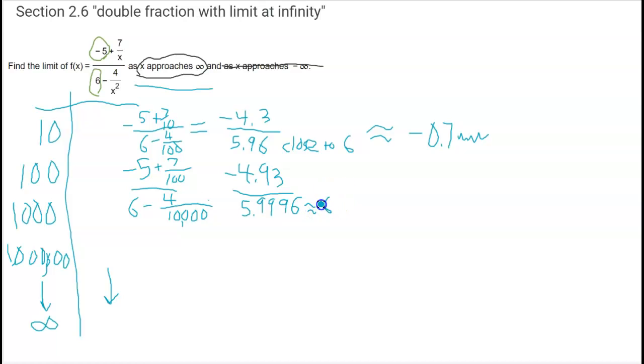This one is reasonably close to -5. The top is a little bigger than -5. The bottom is a little smaller than 6. So we're going to get something close to -5/6. Not quite there. The top is closer to 0. The bottom is also closer to 0.